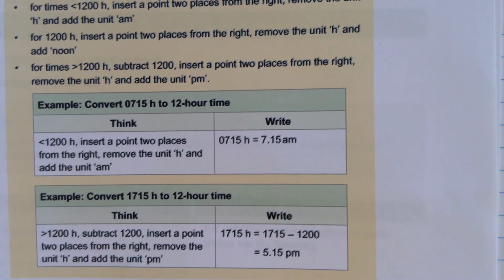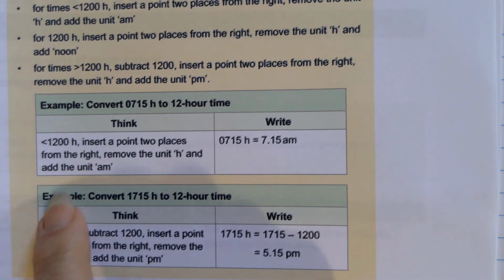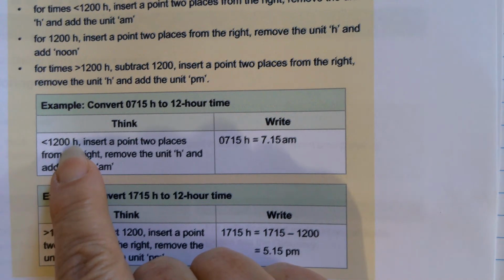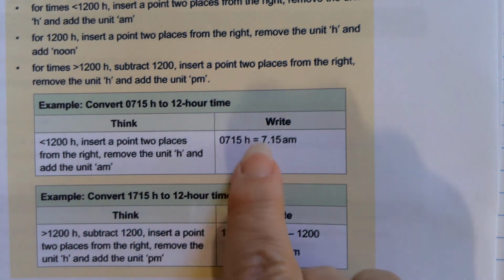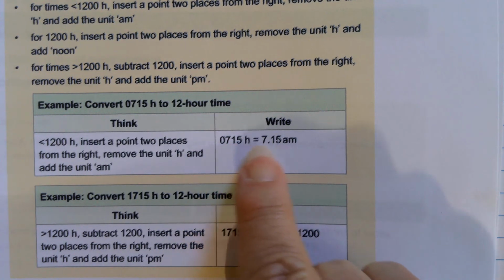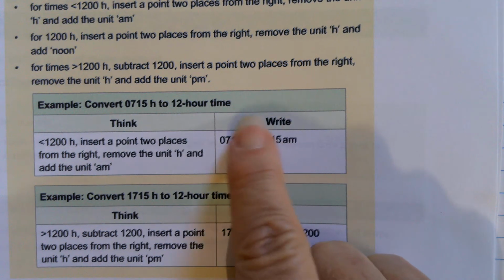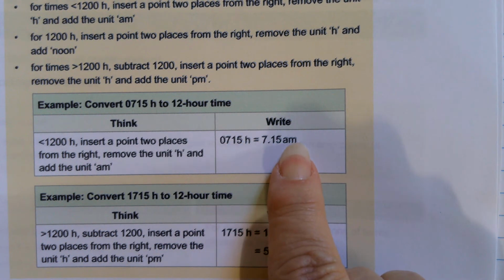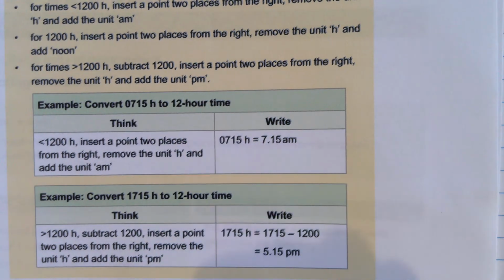And now we're going to go back the other way. So if it's 1200 hours or less than 1200 hours, all you need to do is put a decimal point between the 2 groups. And it becomes 7:15. Remember, it's AM because it's before midday. Now you're writing in AM because you're writing in 12-hour.